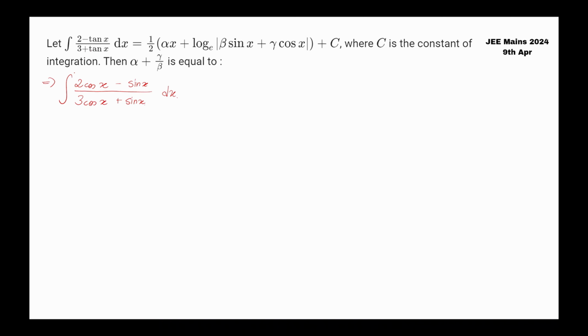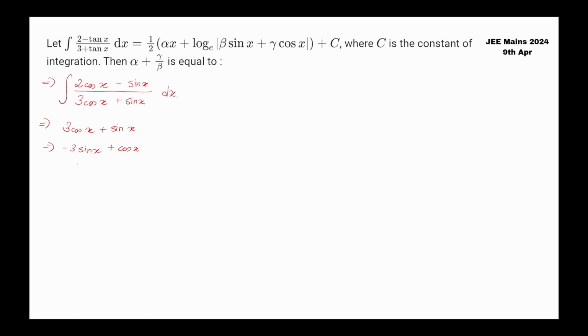Since 3 cos x plus sin x is the function in my denominator, if I differentiate this, what am I going to get? Minus 3 sin x plus cos x.